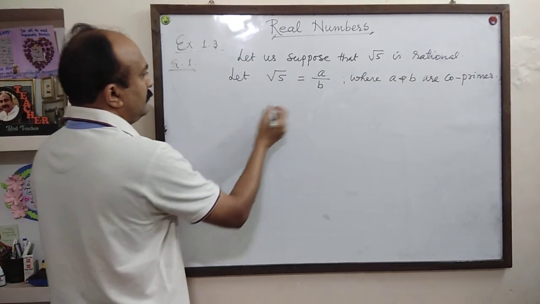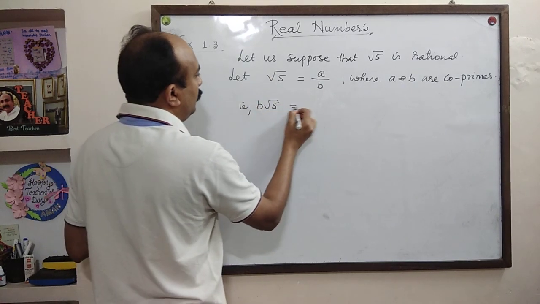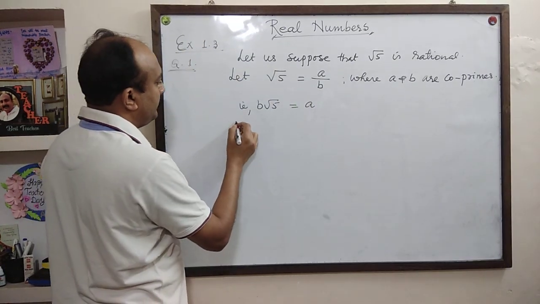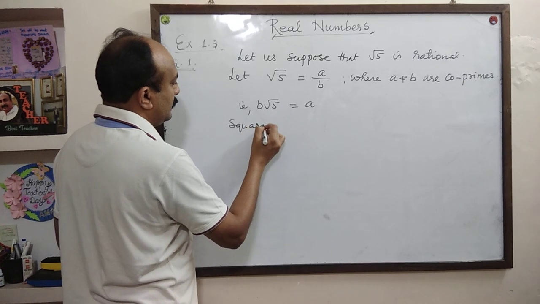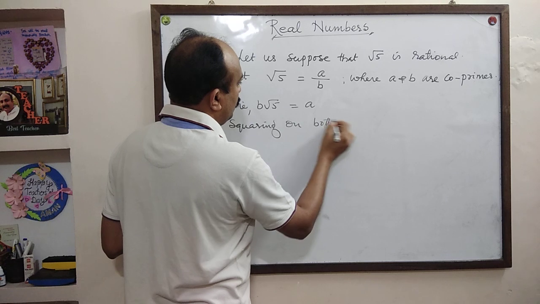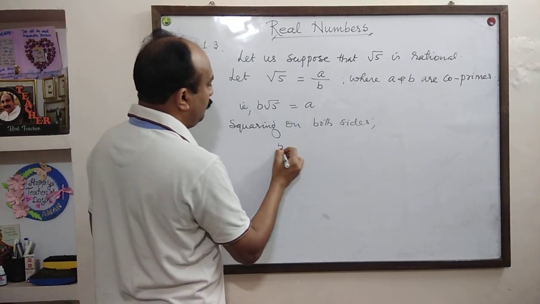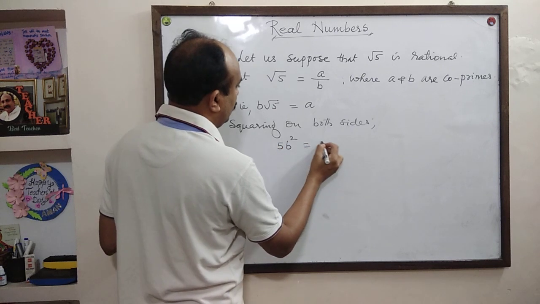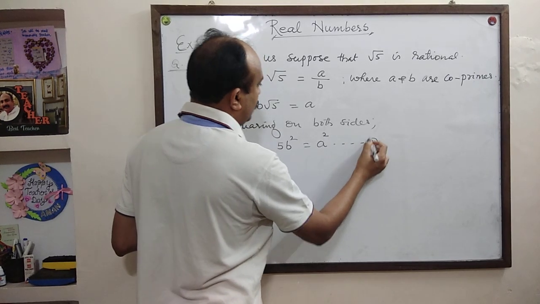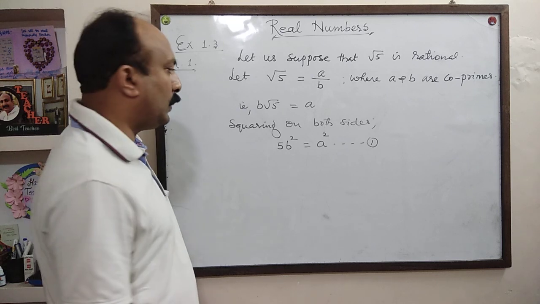Now cross multiply here. B root 5 equal to A. Now squaring on both sides, we will get 5B square is equal to A square. I am taking this as equation number 1.